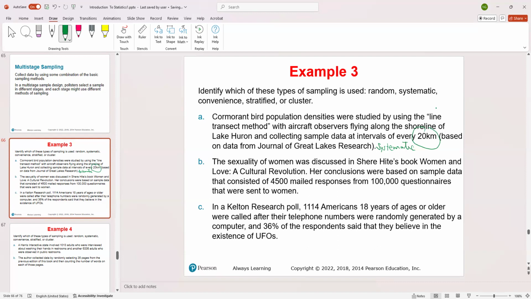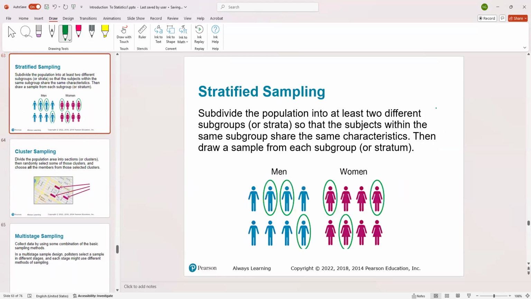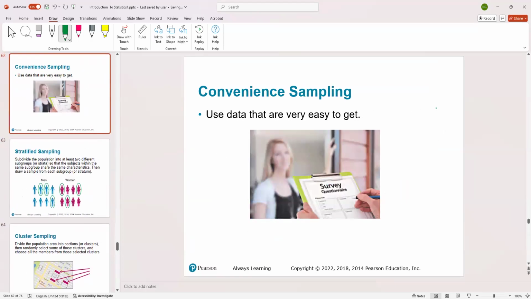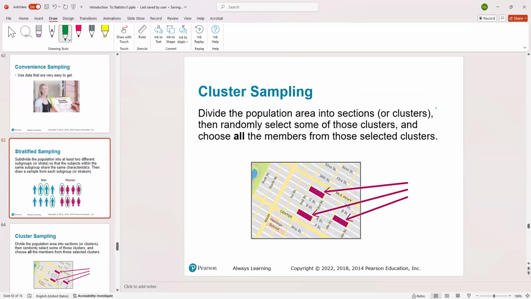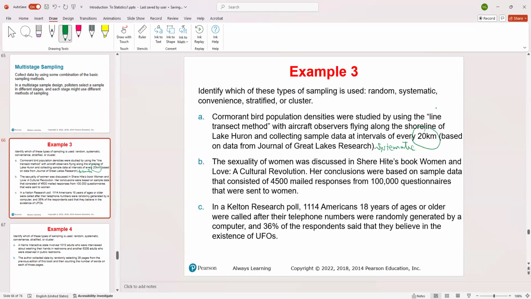Her conclusions were based on a sample of mailed responses. So I believe that would be convenience. It uses data that are very easy to get. We're going to consider this convenience.